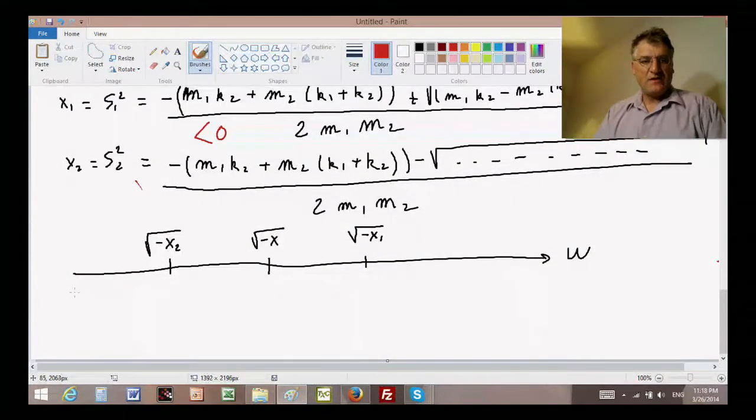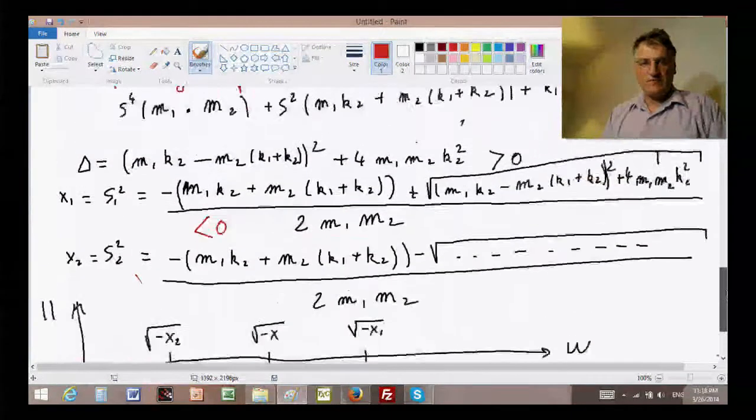Okay. If I put a magnitude here, we will see that the magnitude at low frequencies would be 1. Okay, so the magnitude of the transfer function will be 1.